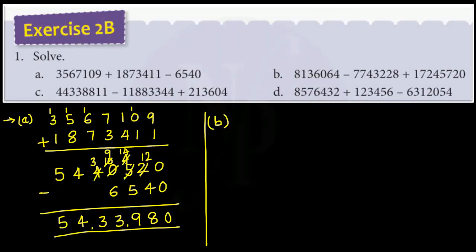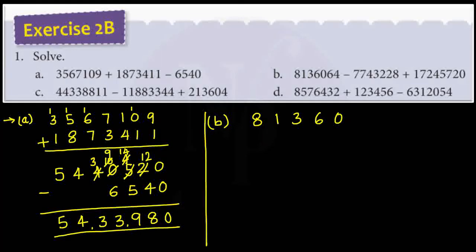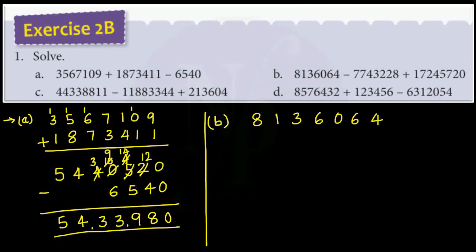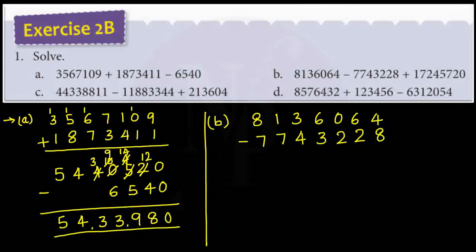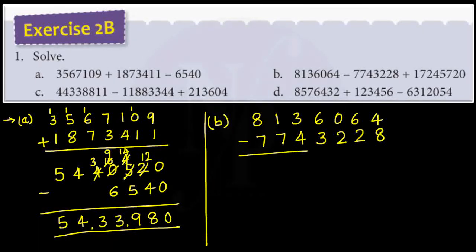Let us write down the numbers. 8,13,60,64 minus 77,43,228. Here first we subtract, and from the difference we add the third number.